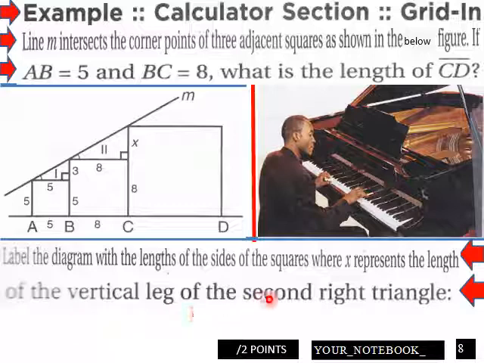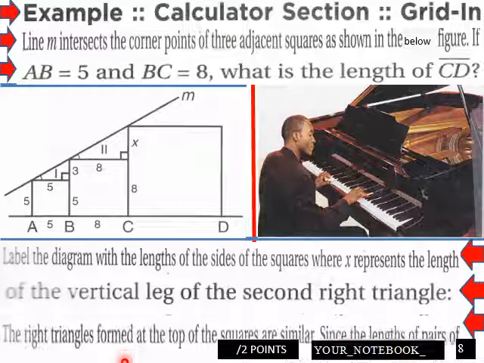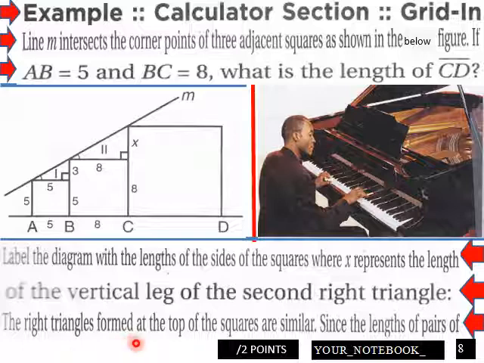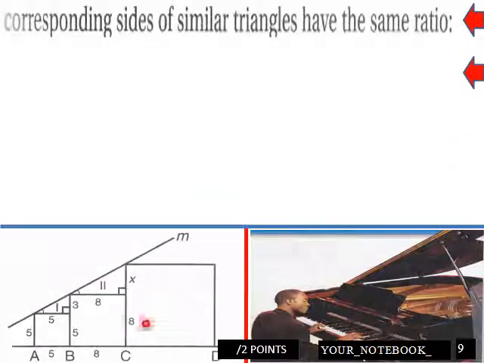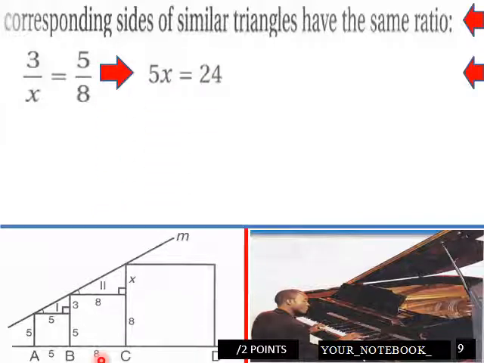Of the vertical leg of the second right triangle. The right triangles formed at the top of squares are similar. So these triangles here are similar, 1 and 2. So 3 over x equals 5 over 8. So by cross multiplying here, we get 5x equals 24.